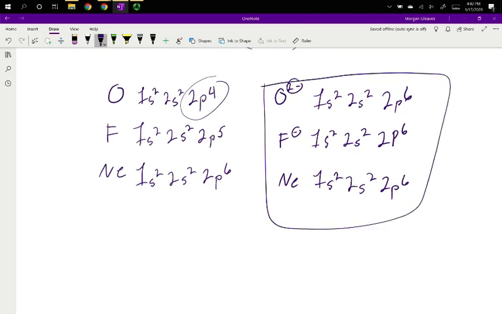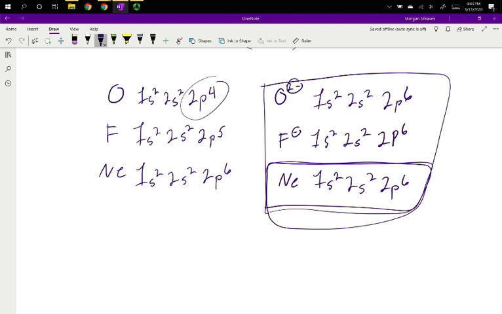In fact, what we find is that when you have your standard ions, the ones we expect that atom to form, whether as an anion or a cation, they always end up having the same electron configuration as the noble gas at the end of its row.